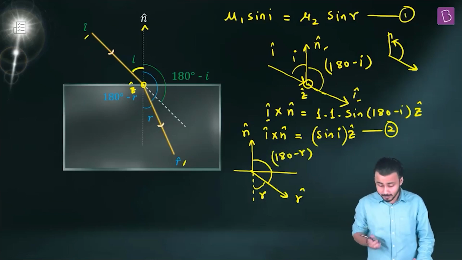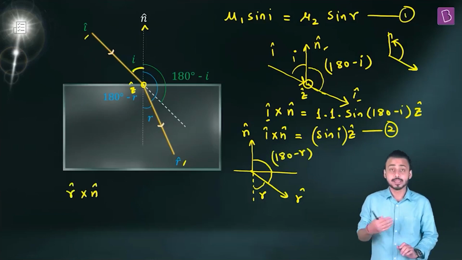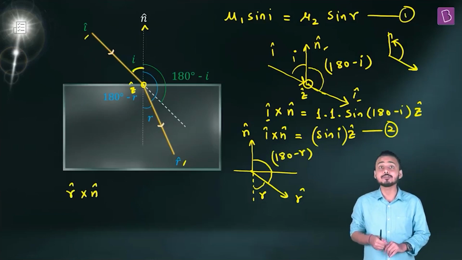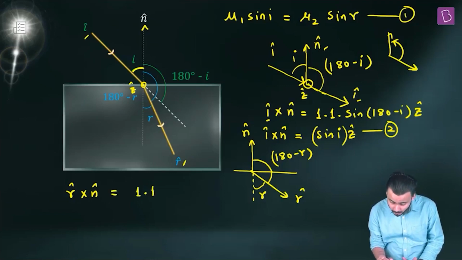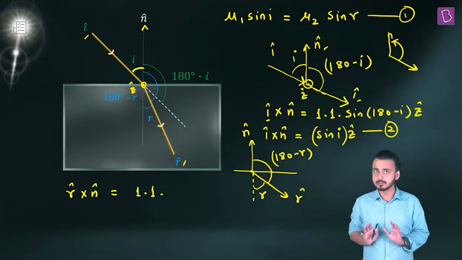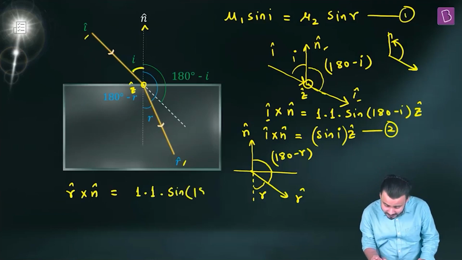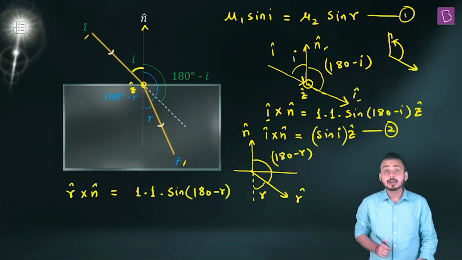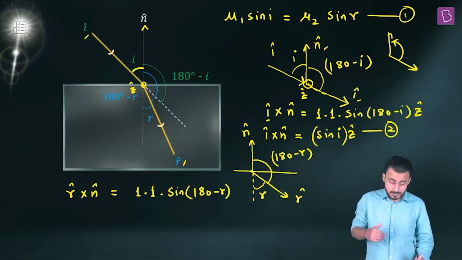So what is the value of R cap cross N cap? That will be the magnitude of R into the magnitude of N, that is 1 into 1 because they are unit vectors, multiplied by the sine of the angle between them, sine of 180 minus r, and then the unit vector in the cross manner.